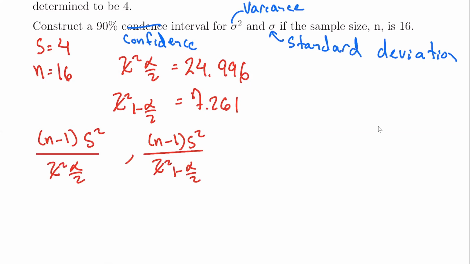So all I'm going to do right now is substitute everything in. We found n to be 16. So we do 16 minus 1 times s, which is 4 squared, divided by chi-square of alpha divided by 2, which I found to be 24.996.